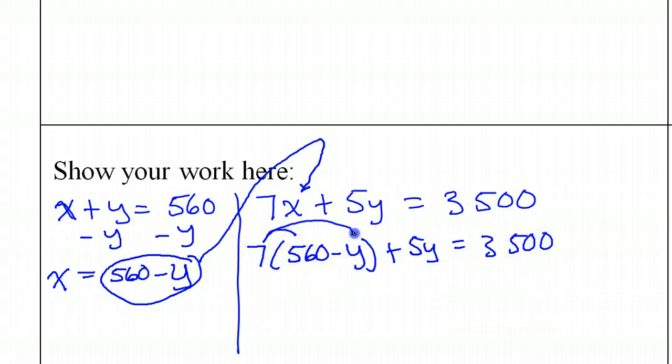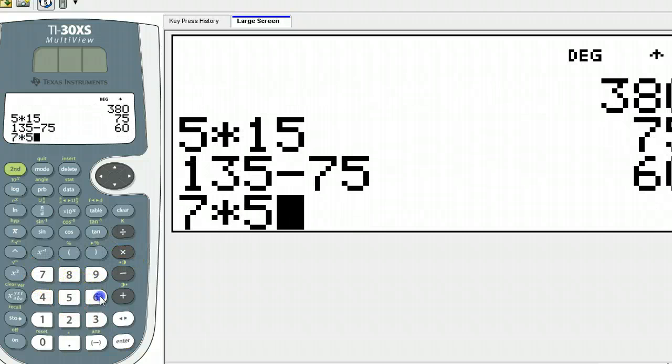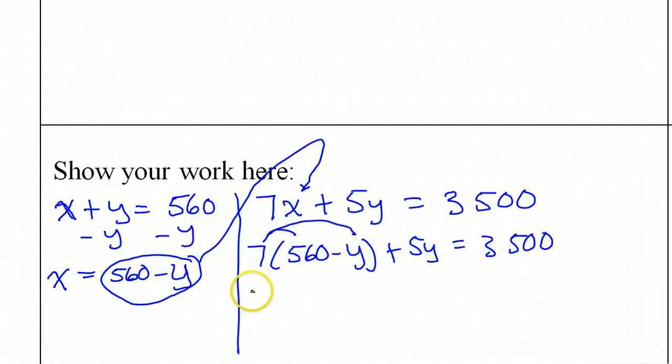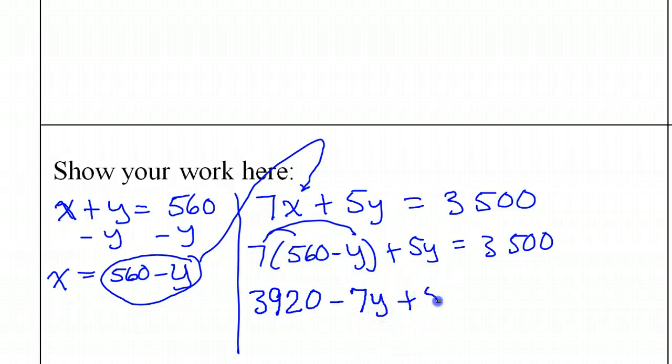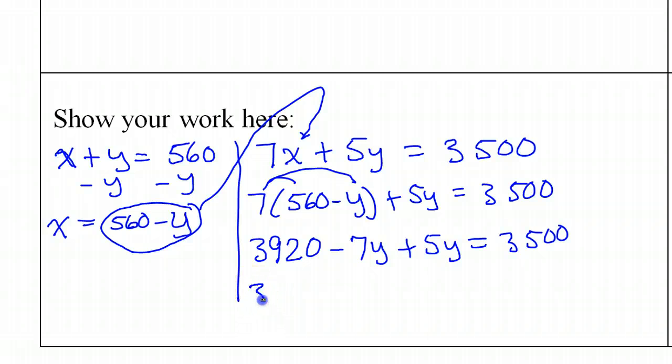7 times 560 is 3,920. So this is 3,920 minus 7Y plus 5Y is equal to 3,500. So I'm just combining like terms now, putting those together.